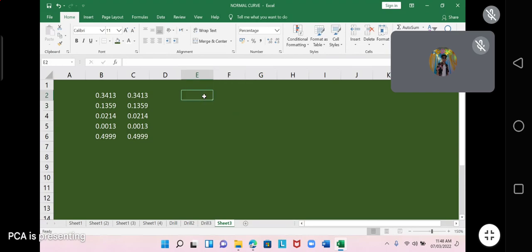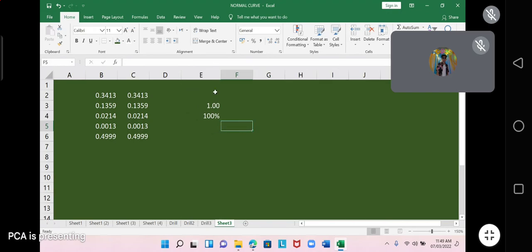I made a mistake. The probability should be 1, and that can be expressed as 100%.